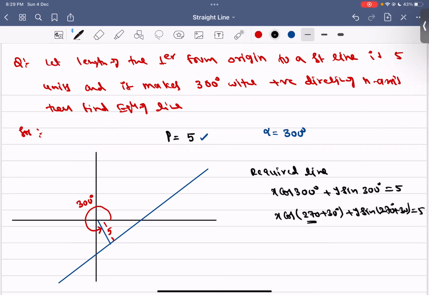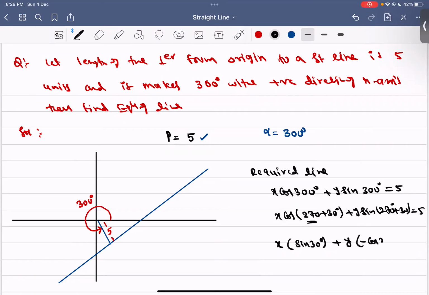See, now 270 plus 30: first, second, third, fourth quadrant. It is the fourth quadrant. This is the odd multiple of pi by 2, therefore cos becomes sin. In the fourth quadrant, cos is positive. Therefore sin 30 degrees. Plus y into, this is also the fourth quadrant, where sin is negative, and sin becomes cos.